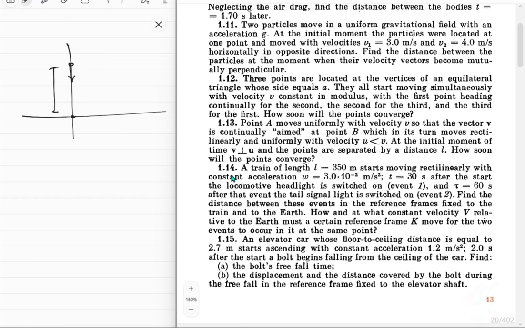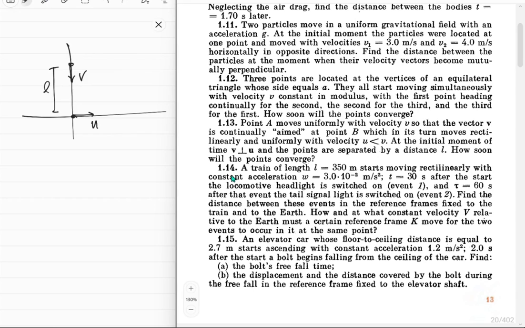Initially it was at L. This guy is the one aimed at B. B moves with velocity u, and this is moving with velocity v, right? We need to figure out how soon will the points converge. Oh, fine.